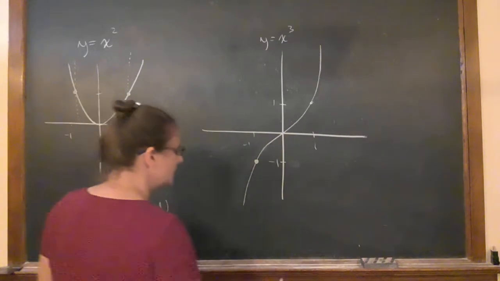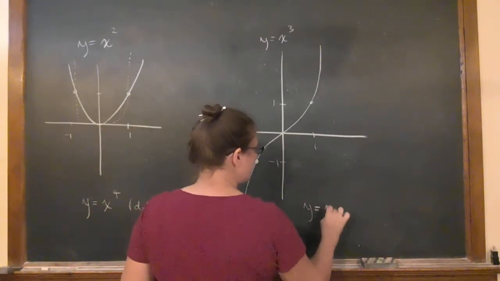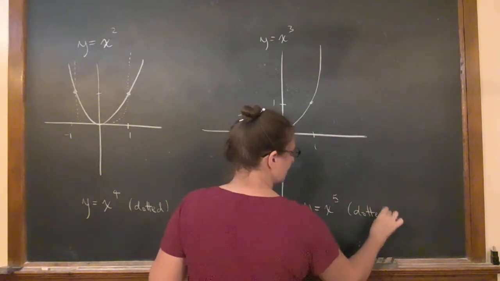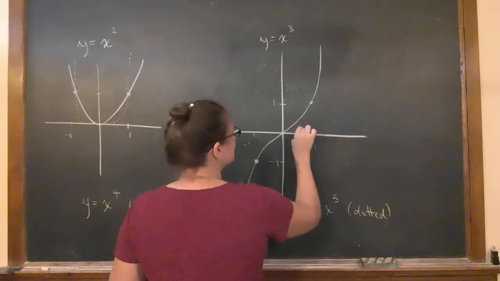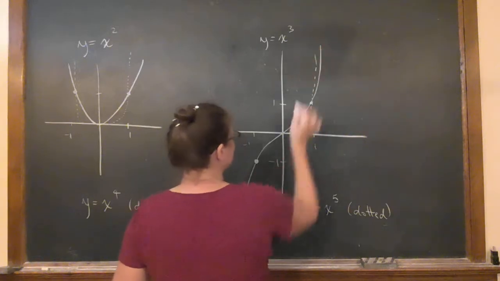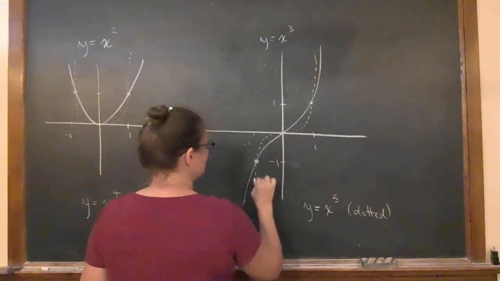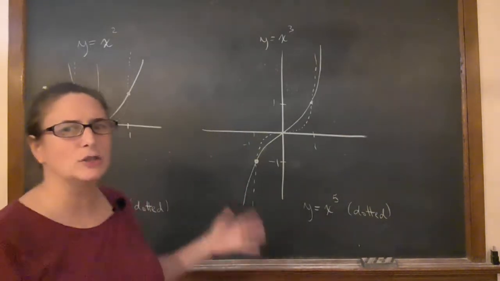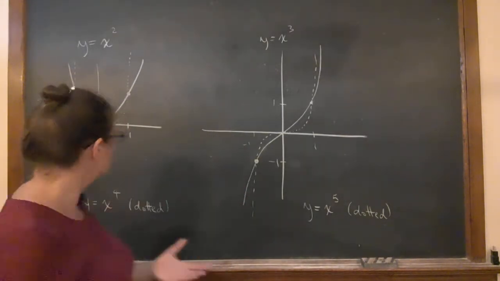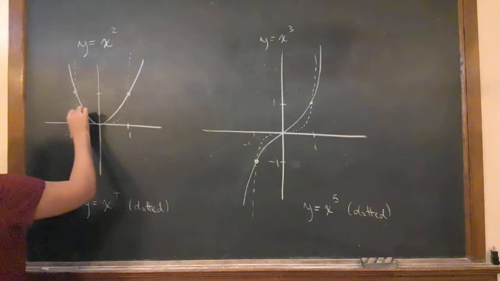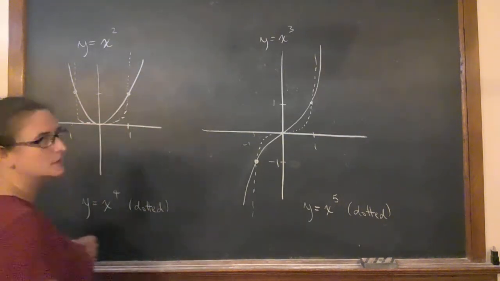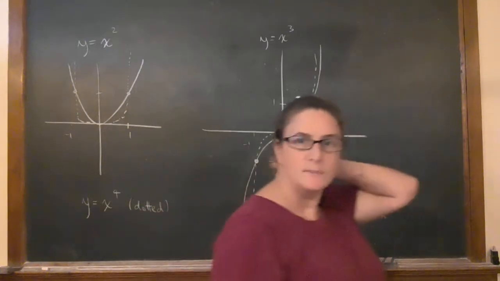And similarly with the odd powers, this is going to be flatter and steeper, and flatter and steeper. So those are the families of curves. They look fairly similar, right?